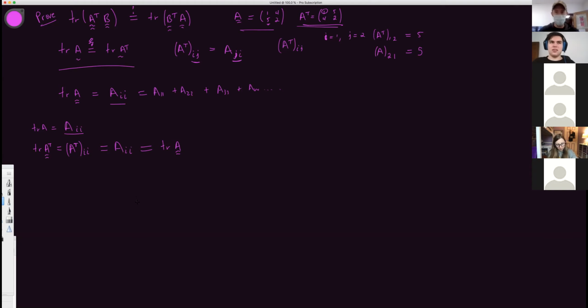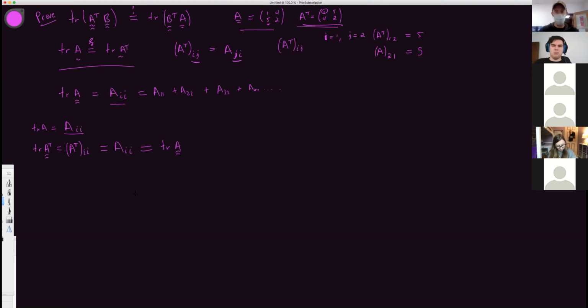By that logic, the trace of AB would equal the trace of the transpose of AB.